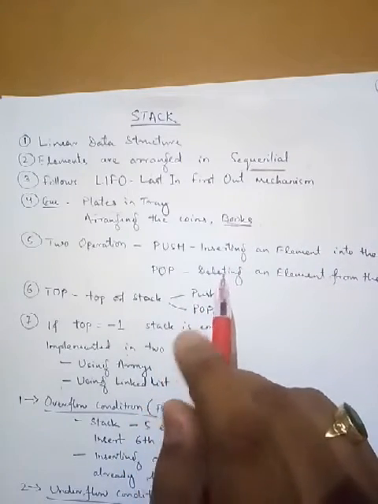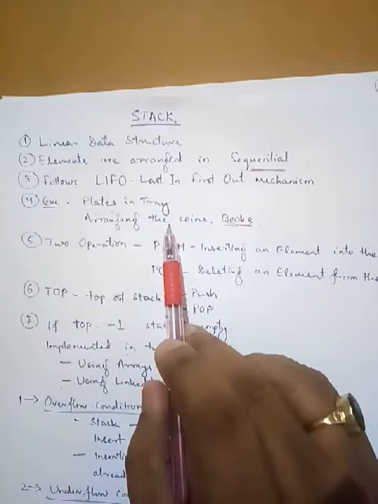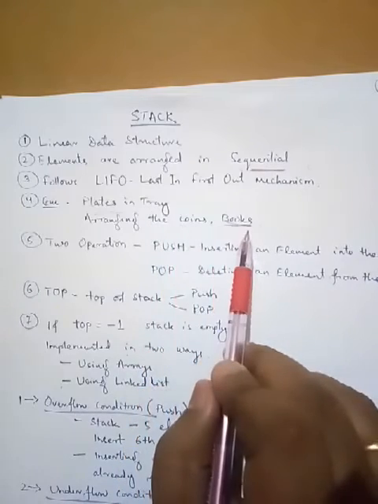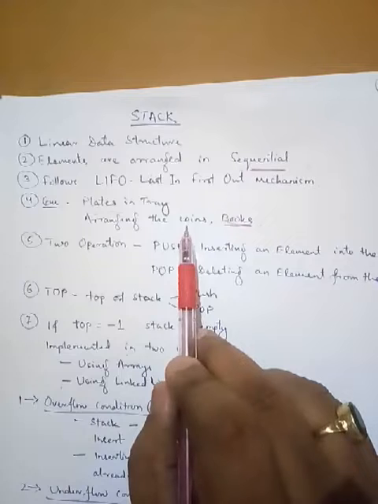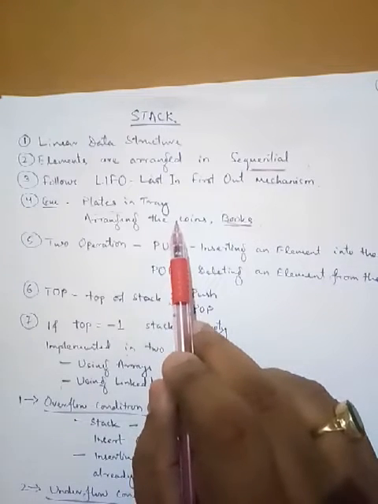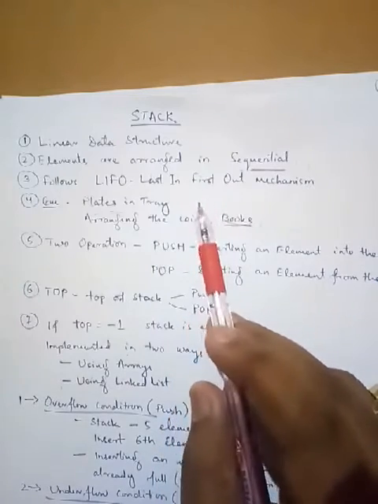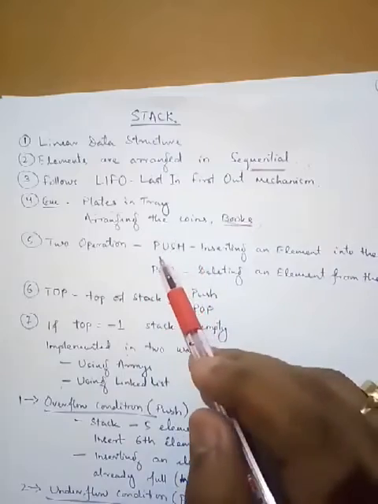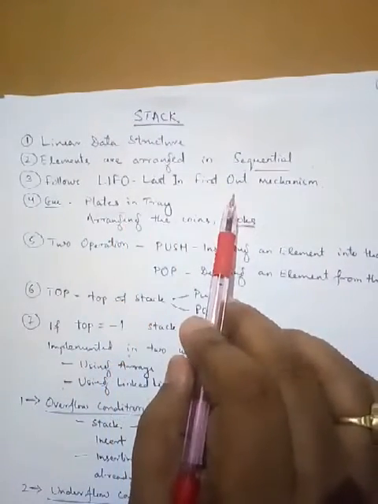In case of all these stack examples, you can take the coin or book that is on the top of the stack, and that will come out first. So the element which enters the stack at last, that will come out first, that is the last in first out mechanism. So that is the stack.